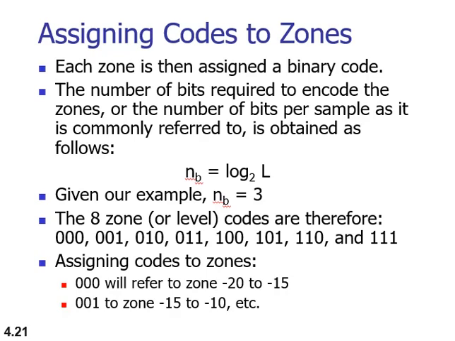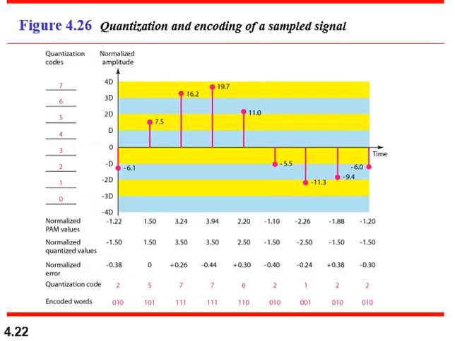And finally the zone of +15 to +20 will be encoded as 111. In figure 4.26, it's shown how quantization and encoding of a sampled signal can be represented.